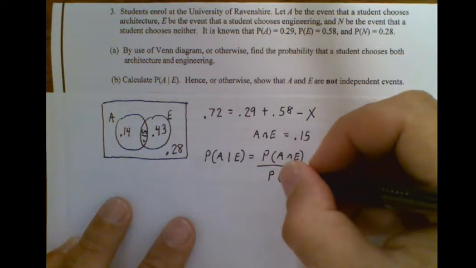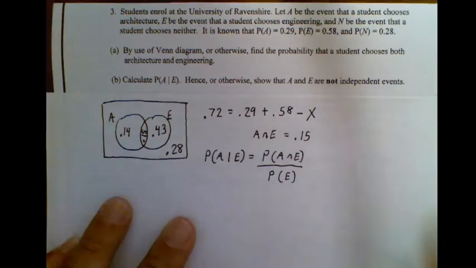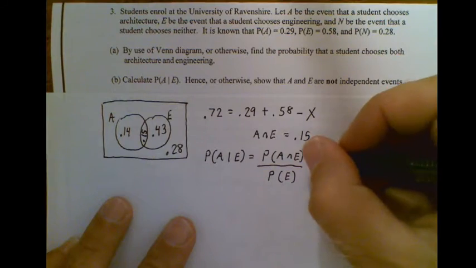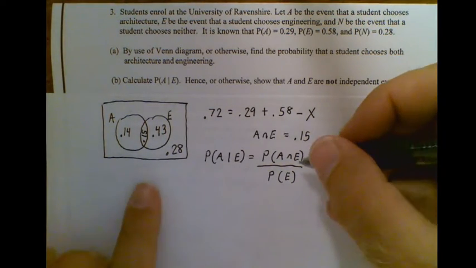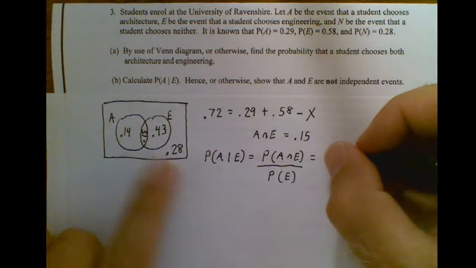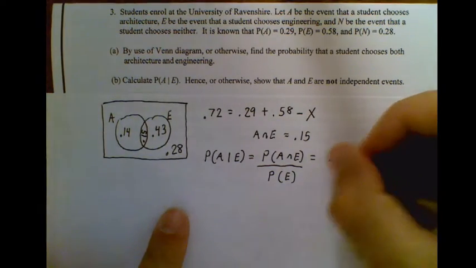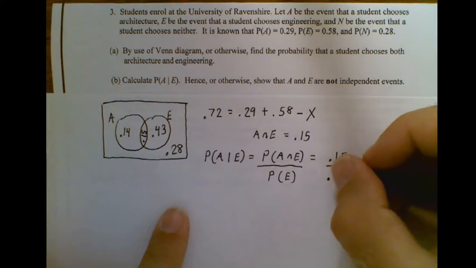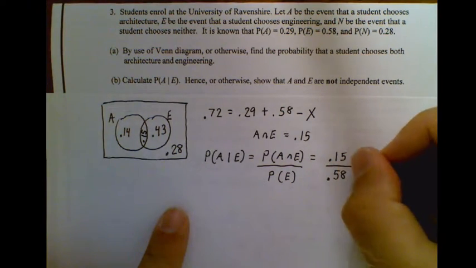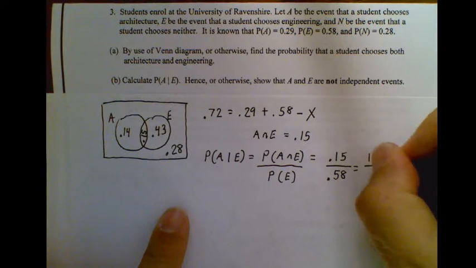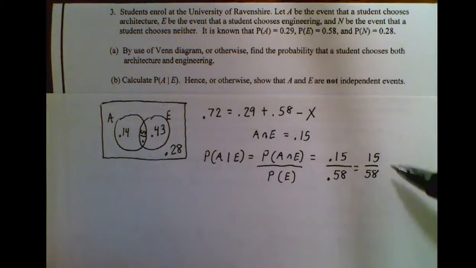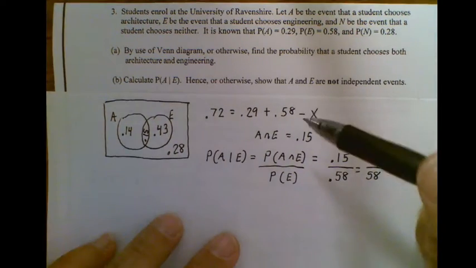In this case, the given was E. That's the part people always mix up, the denominator. We already have the info for this; we just have to plug it into the formula. We already know that A and E was 15%, and we were told in the original given information that E is 58%. So simply 15 out of 58, which would be acceptable, or if you wanted to, put that into a calculator and come up with a decimal, that would be okay too.